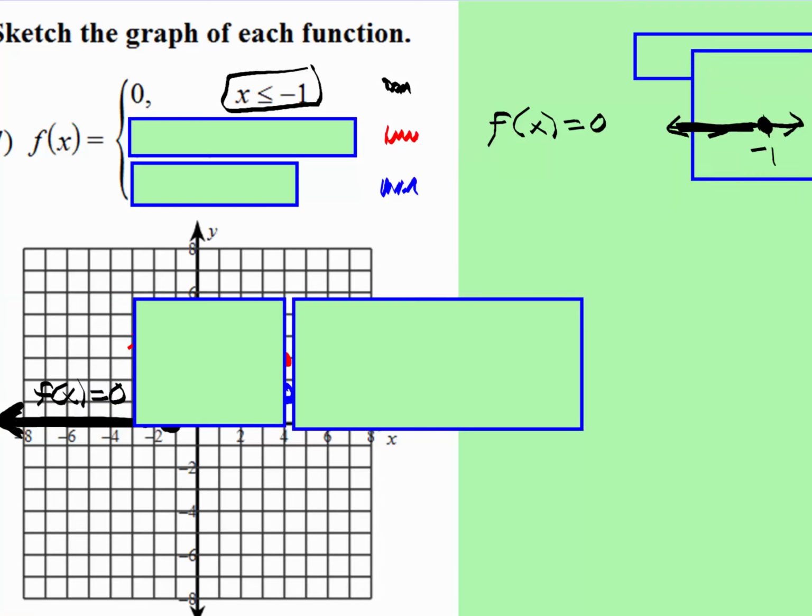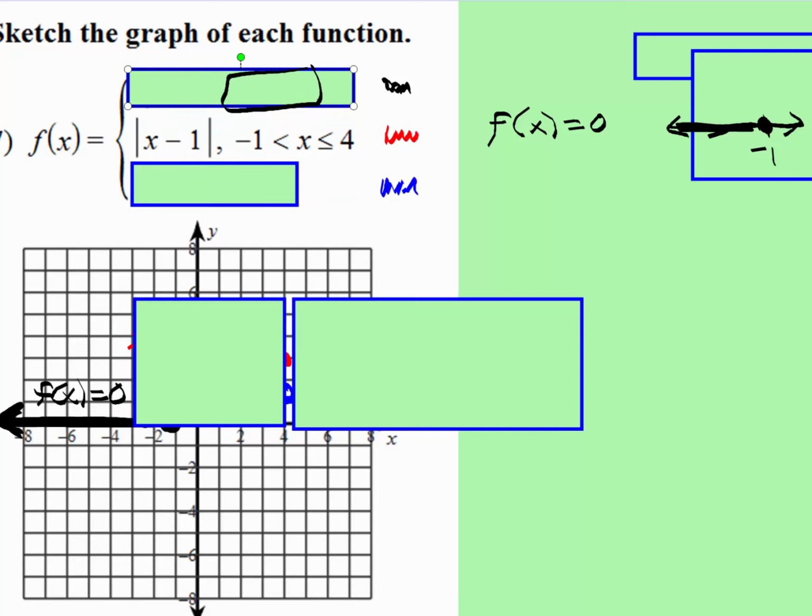All right. Notice I still have part of the graph covered up. So then I'm going to go ahead and take a look at this second piece, and notice it's an absolute value function. Remember, absolute value graphs look like V's, and it has been shifted. Remember, if it's inside the absolute value, it means it gets shifted left or right, and you always do the opposite. So the opposite of -1 is +1.